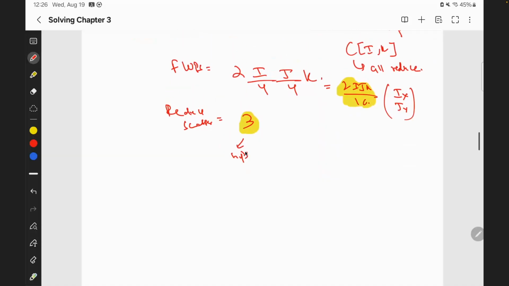And you have 2 which comes from bf16, and you have I by 4 because this is still sharded, and 1 by 4 and K, since Z is also sharded.